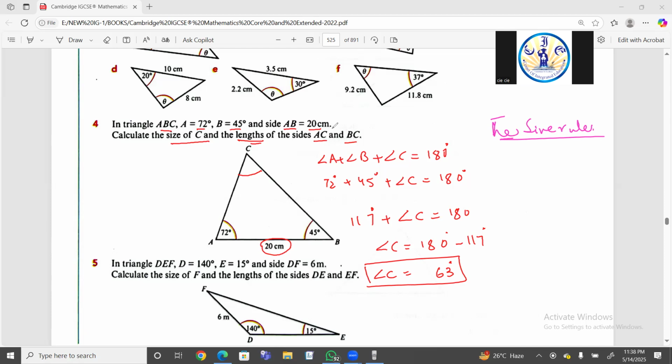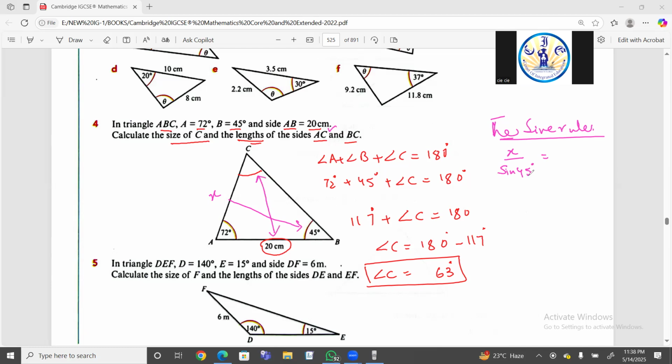Since I need to calculate side AC, I am using this as x. So x divided by the sine of the angle opposite to this, so this is sine 45, is equal to, now I need to use this pair.